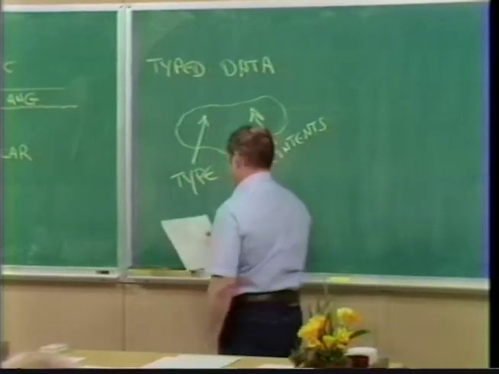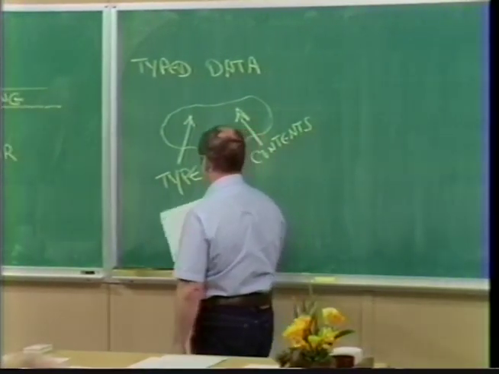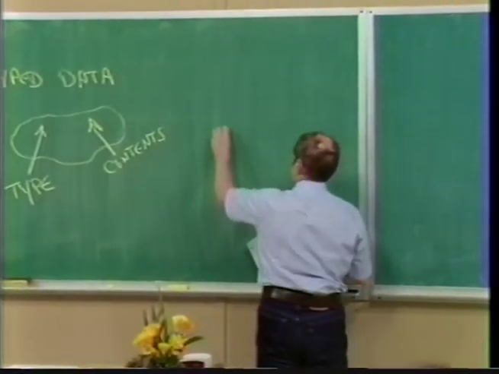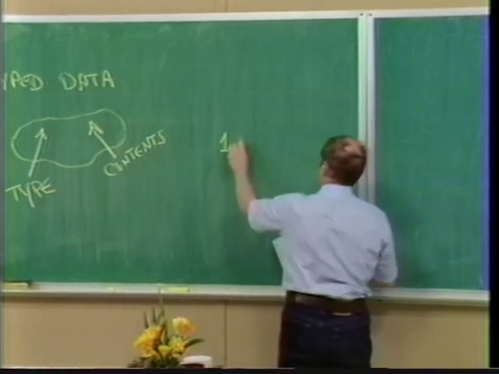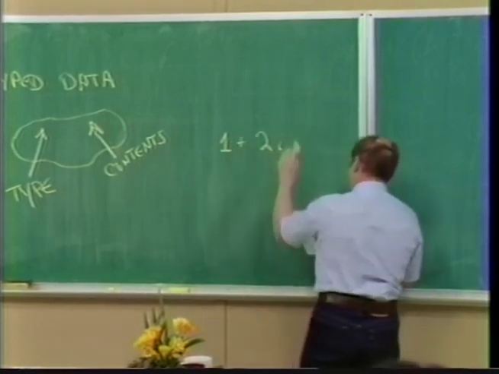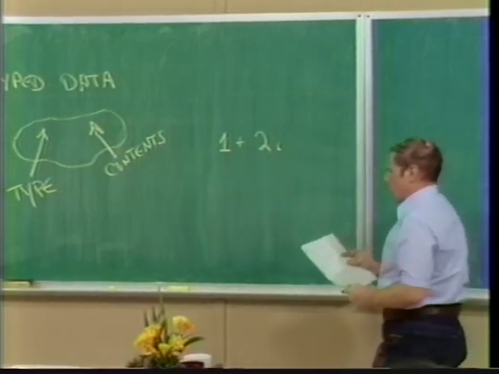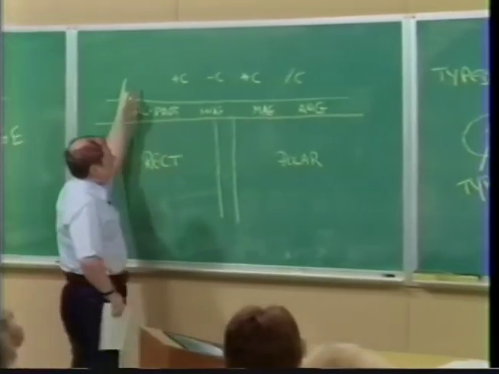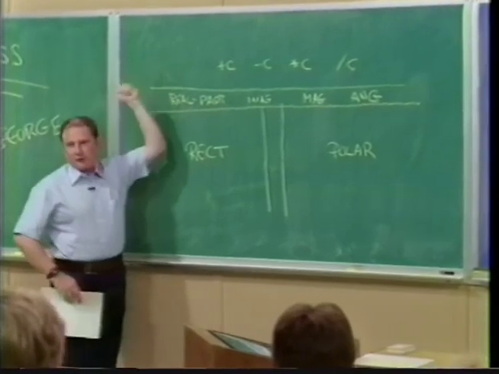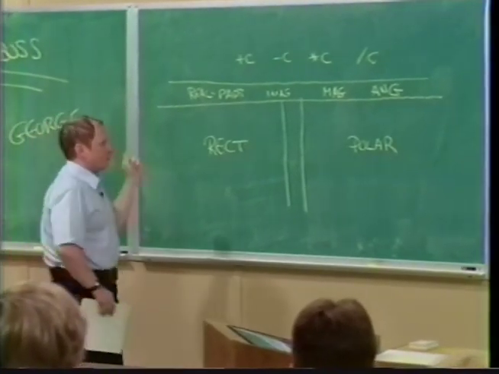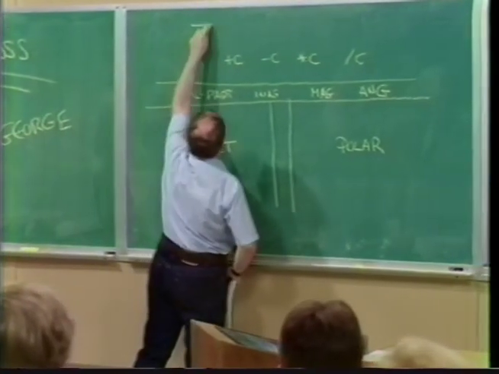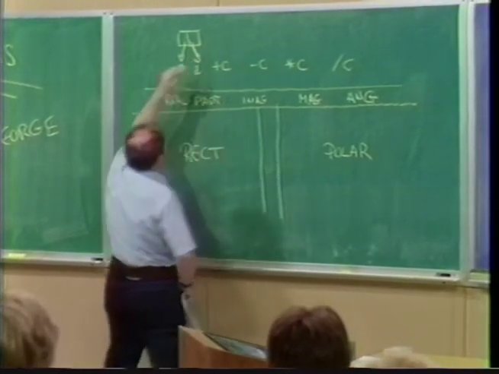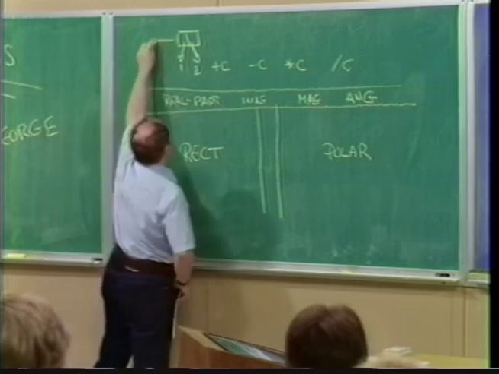Suppose you're going to be looking at the complex number whose real part is 1 and whose imaginary part is 2. So that would be 1 plus 2i. Well, what would happen is up above, where the operations have to happen, that number would be represented as a pair of 1 and 2 together with typed data.